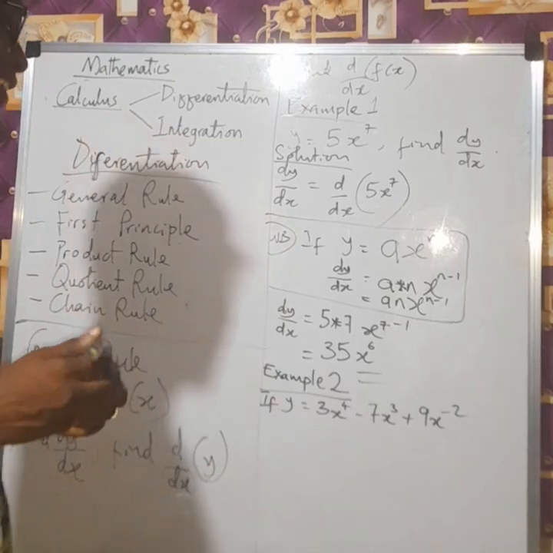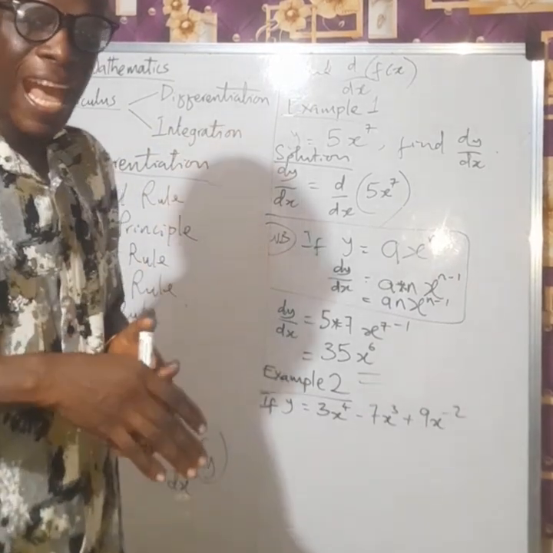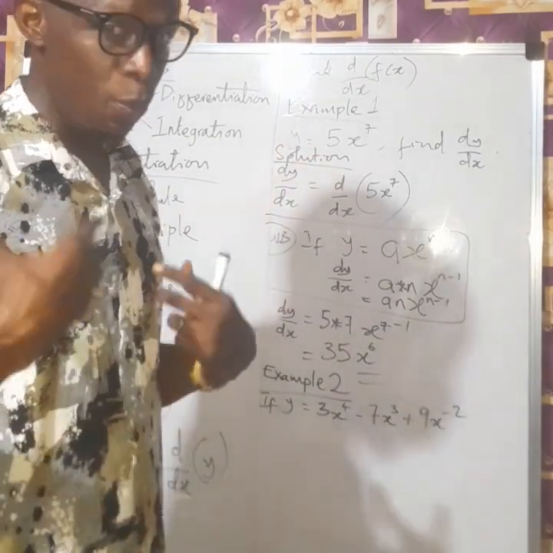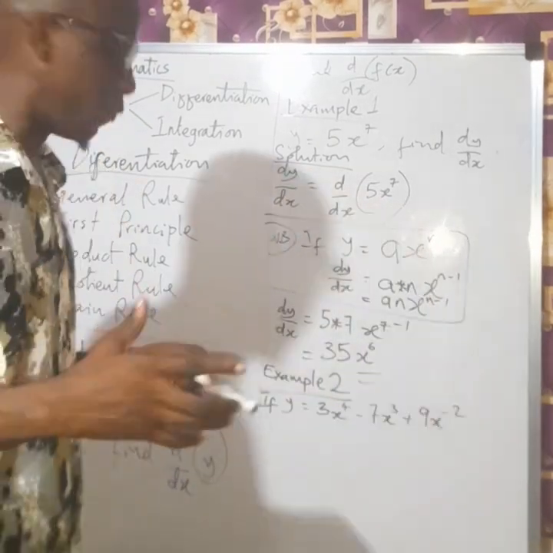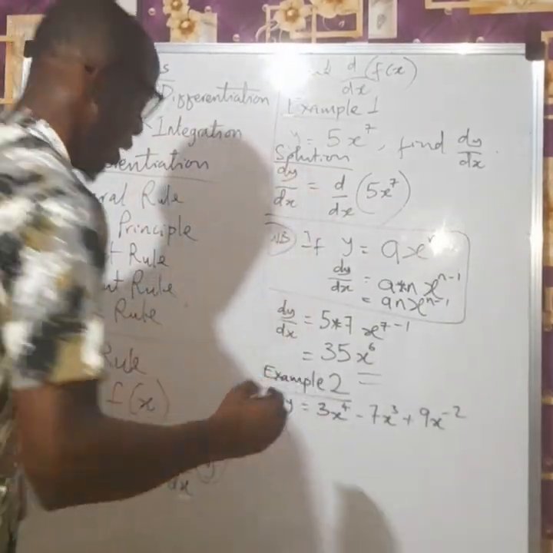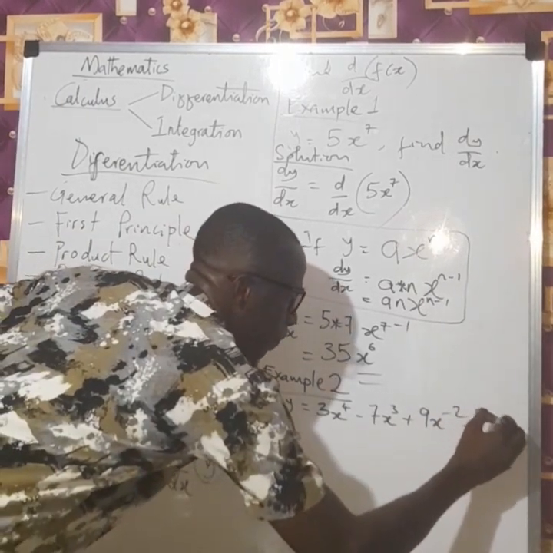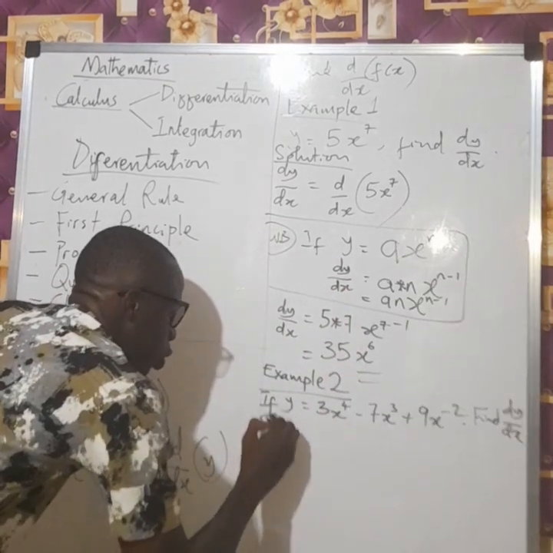We are just coming a bit advanced. I want to know what you give me as your answer here. I believe you are able to solve that, but even if you are not able to solve it, please follow me as I move now. Find dy dx.